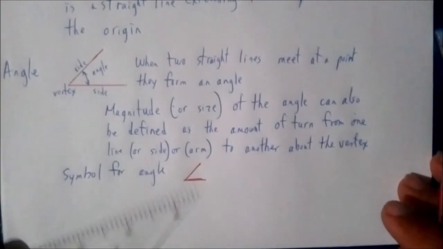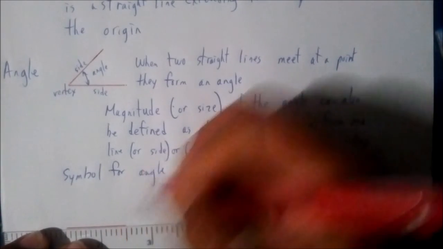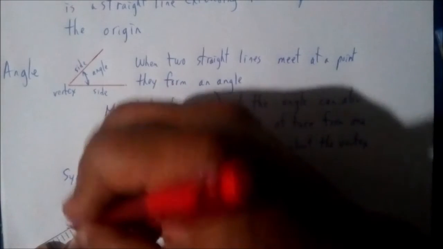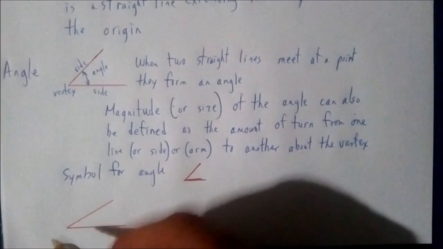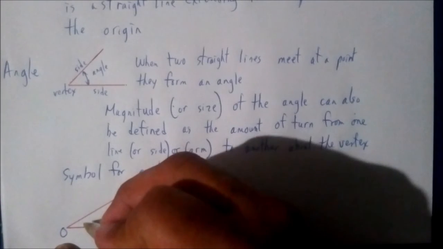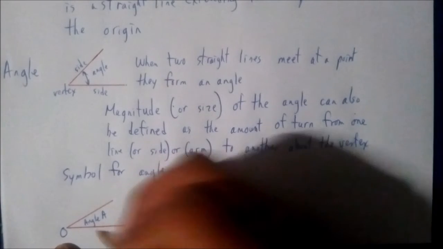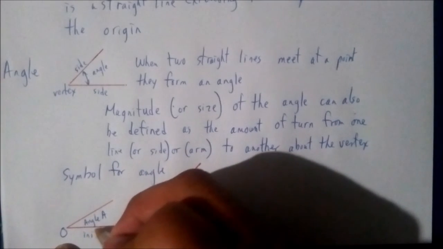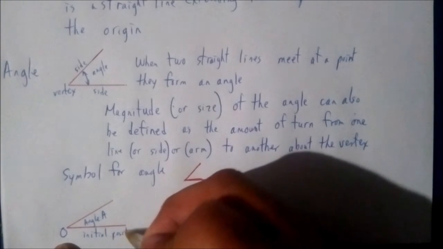So let's describe that a little bit more by using examples. If I do this, I draw my line and I draw my next line. Okay, we have our parts. I'm going to give the vertex the label O. I'm going to give this angle a label. Call this angle A. This is the initial position.